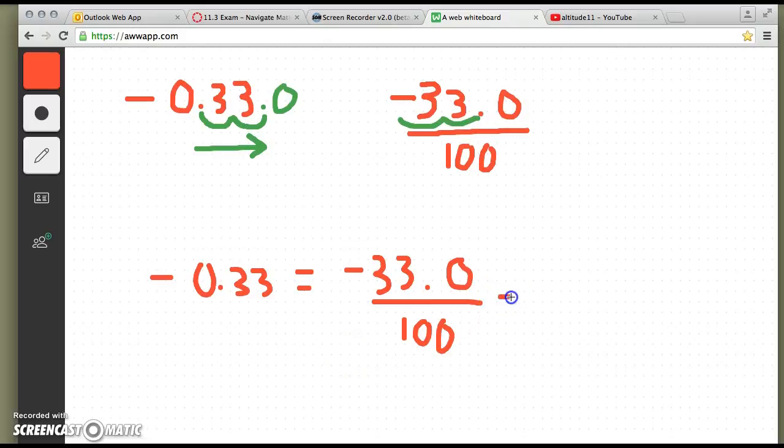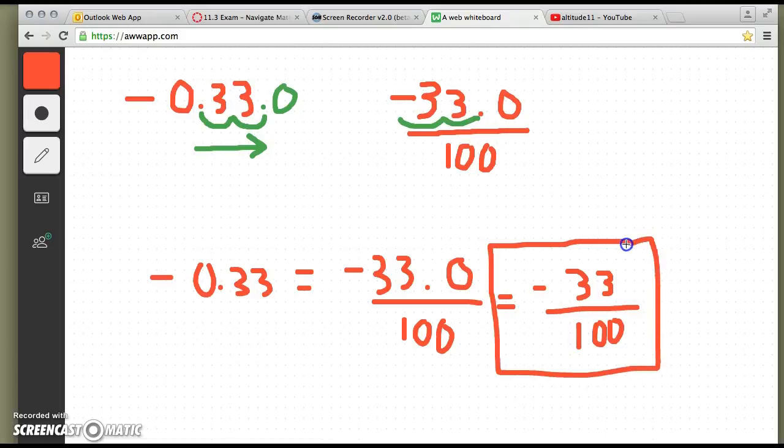Now, it does not say in the directions of the problem that we need to simplify this fraction. And really, if you tried to simplify it, you would realize that we can't. So this fraction would work out just fine. Negative 33 all over 100. And that's your answer.